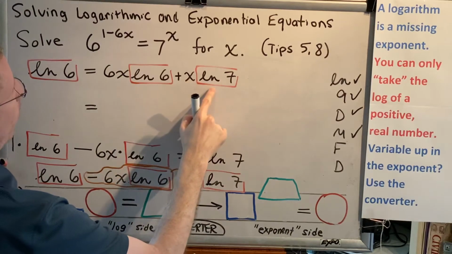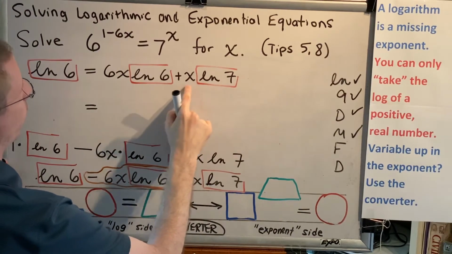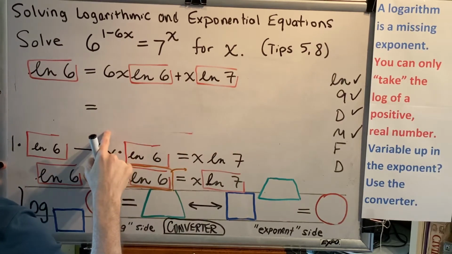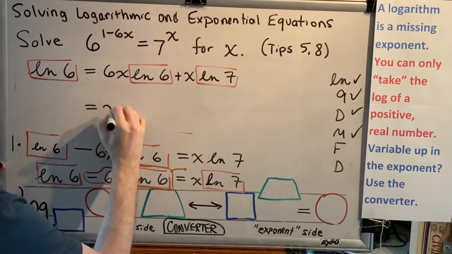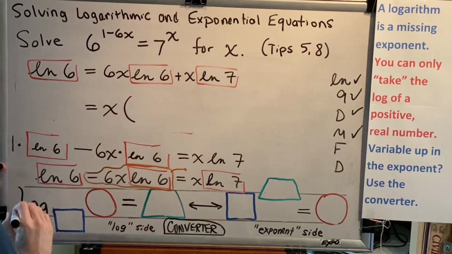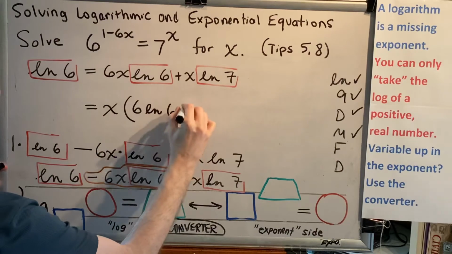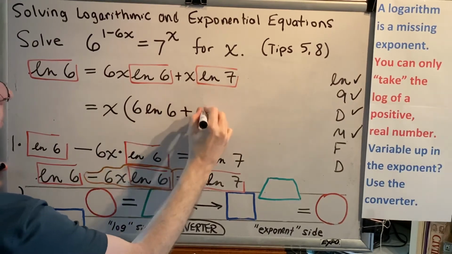This x is multiplying by the natural log of 7. So if we were to divide by x, what would be left is the natural log of 7. So what we're going to do is factor out x. And what's left? 6 natural log of 6 plus natural log of 7.